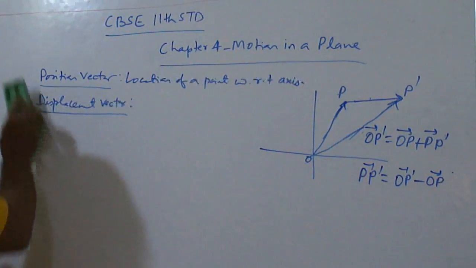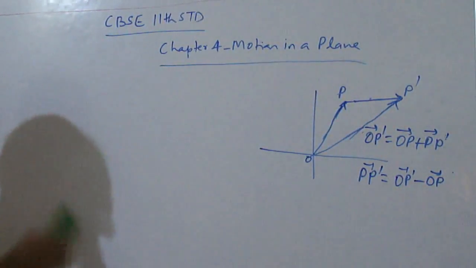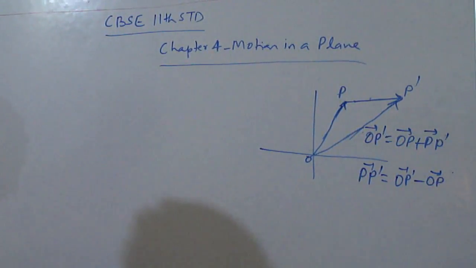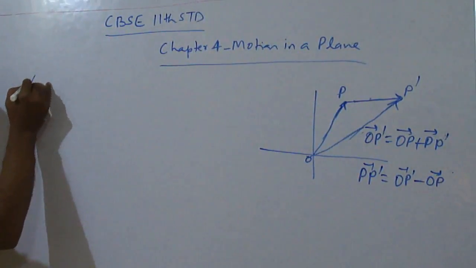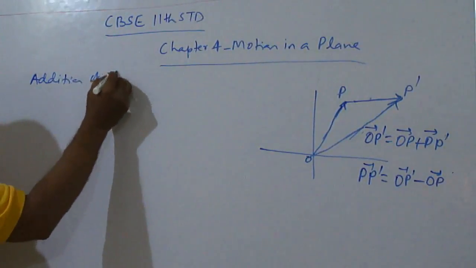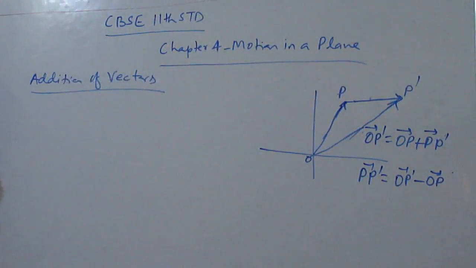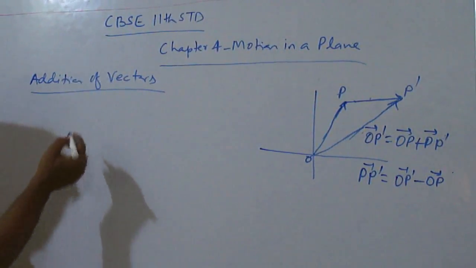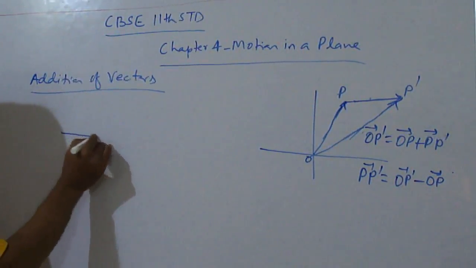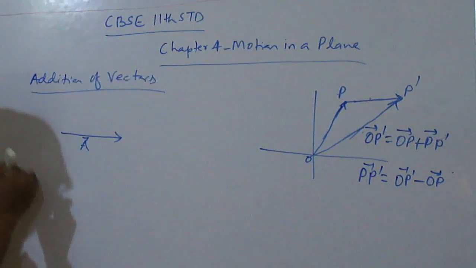So now we will be going for addition of vectors. General addition you have already seen: if two vectors are to be added, then one vector has to be created along with head and tail.